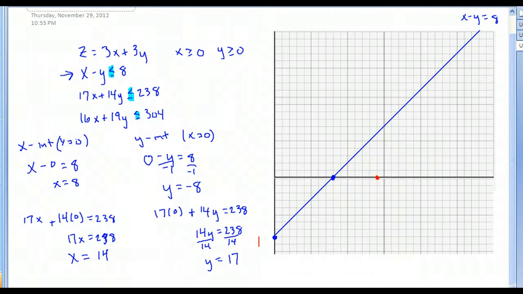On this grid, here's 5, there's 10, 15, 16, 17.